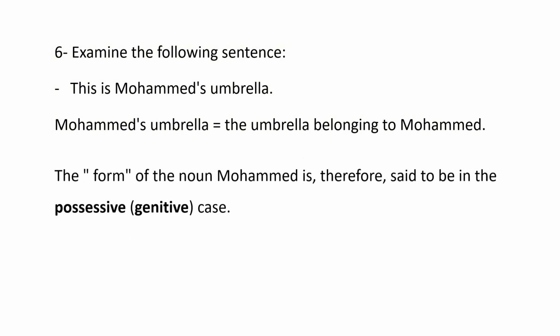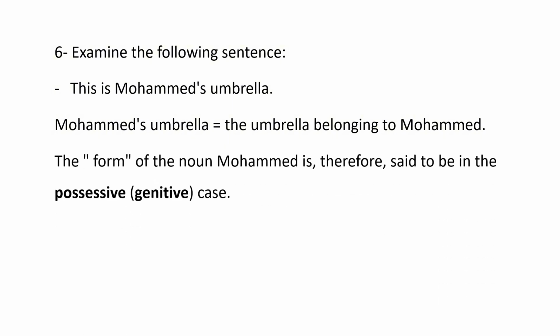Now the form of the noun Muhammad is said to be in the possessive or genitive case. Muhammad's book, Nasser's pen. There you are just saying the ownership or possession of the pen or book. When a noun is used in this form with an apostrophe and s, we say it is in the possessive or genitive case.